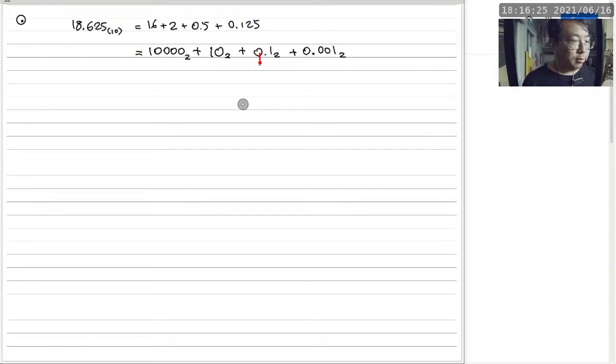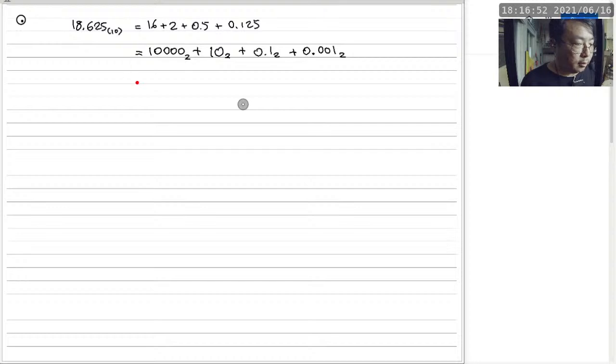The position of the digit to the right-hand side of the point tells us how negative the exponent is, using the base of that particular number. So in this case, 0.1 in base 2 is 1 times 2 to the power of negative 1. And 0.001 in base 2 is 2 to the power of negative 3, and there's one of those.